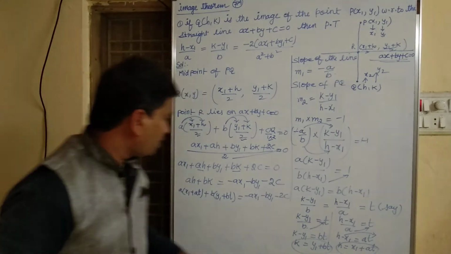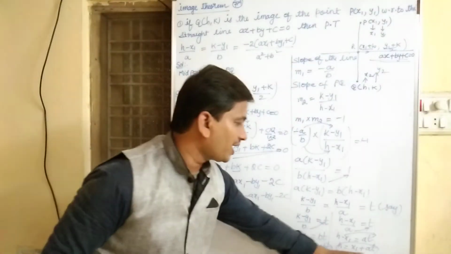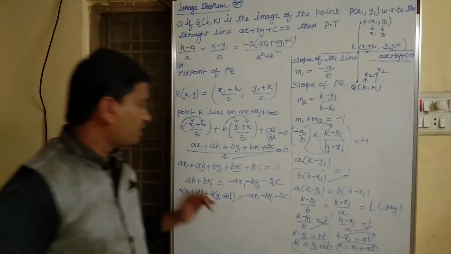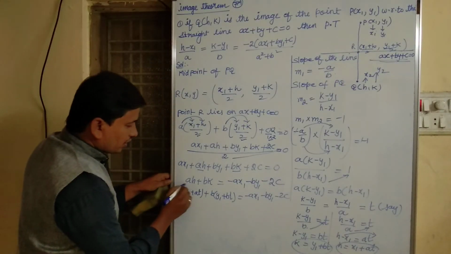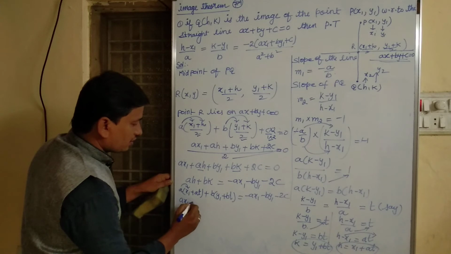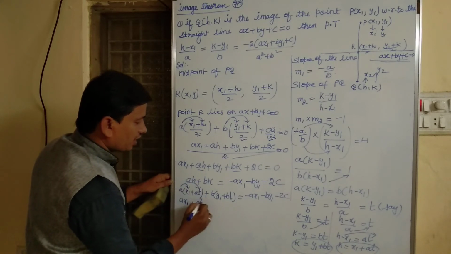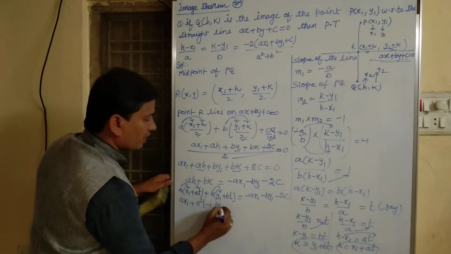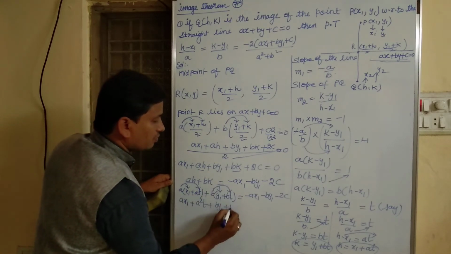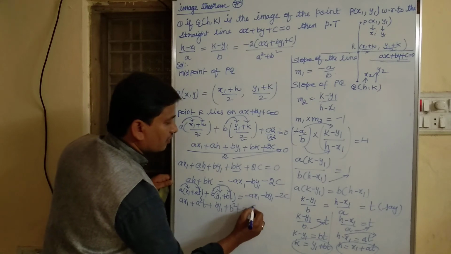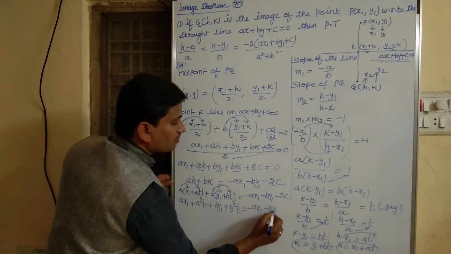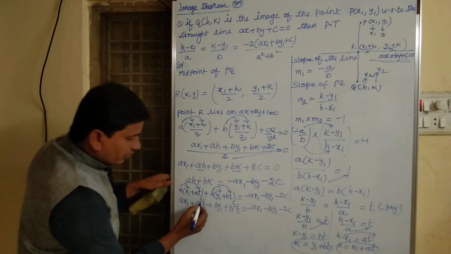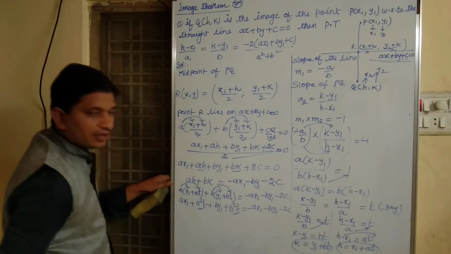Got it? What I did, in place of h, I substituted x1 plus at. In place of k, I substituted y1 plus bt. Right? Now, a into x1, ax1, plus a into at, a square t, plus b into y1, by1, plus b into bt, b square t, equal to minus ax1 minus by1 minus 2c. Right? Now, from these two terms, you take t as common.